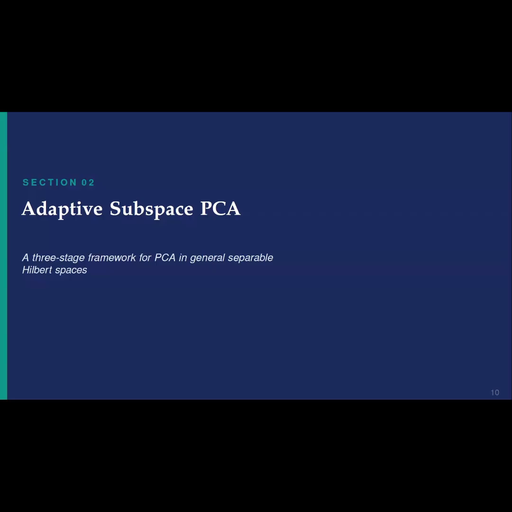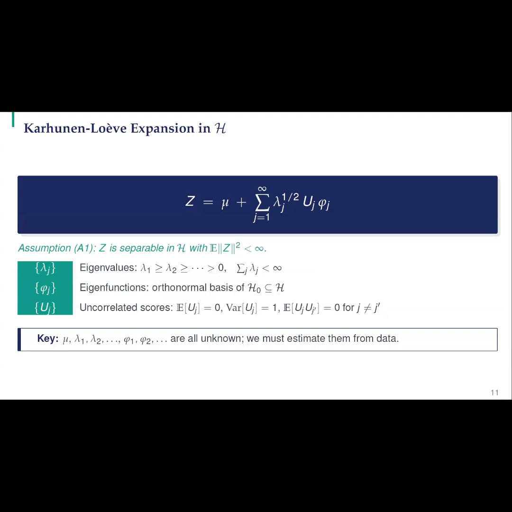So first, adaptive subspace PCA. The nice thing about the separability assumption is that you get to use the Karhunen-Loève expansion, and it has this form here. This is a well-known, general property. We're going to assume that C is separable and also that the second norm is bounded. I know later I'll need higher bounds on the norm, but this is all we need for this step.